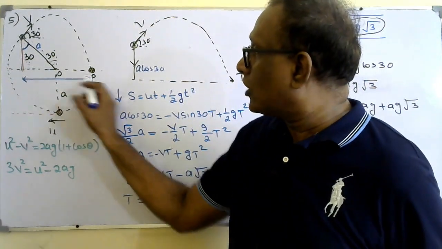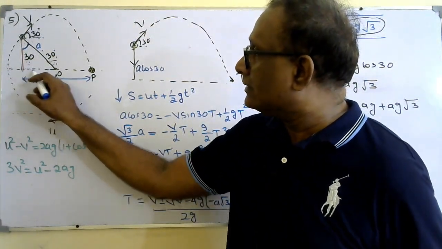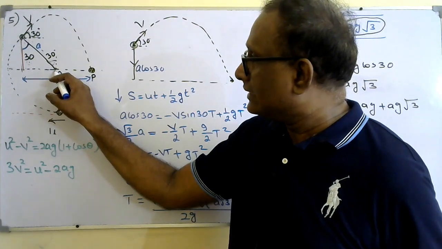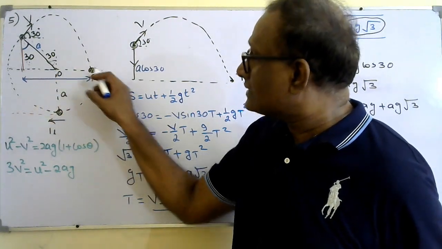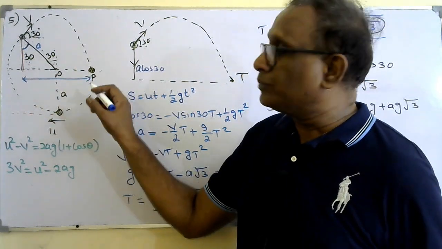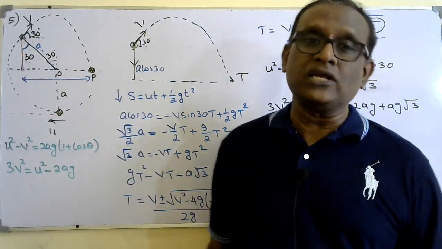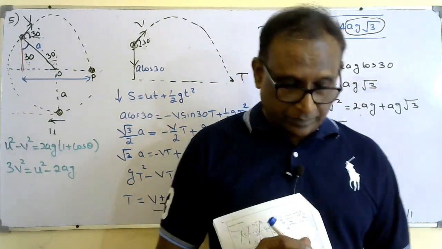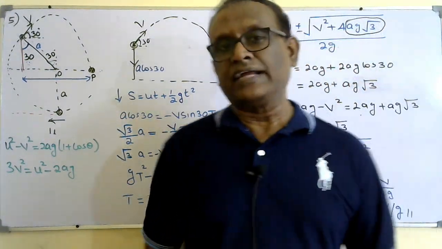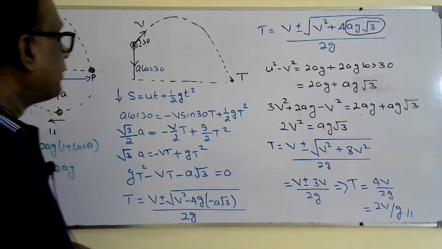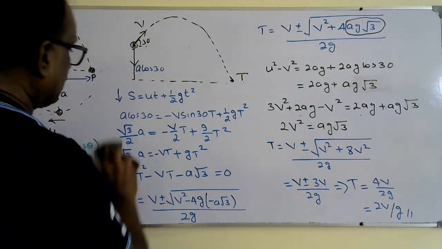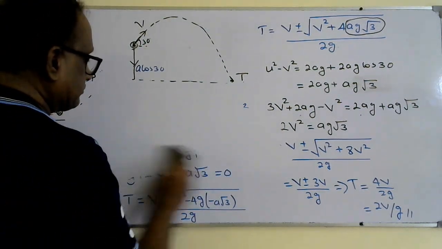So if the horizontal displacement equals this length A sine 30, that is A by 2 plus A, that is 3A by 2, then the particle P will be on the circumference of the expected circular path, then there will be tension. We'll find the horizontal displacement by using horizontally s equal ut plus half at squared.